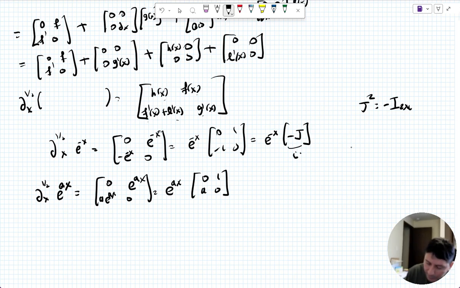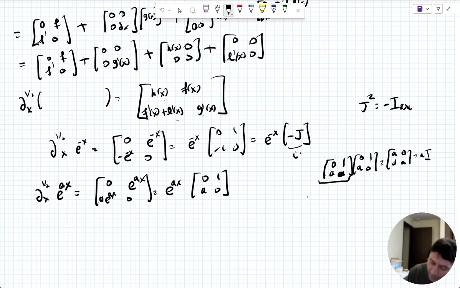What is this function? What happens when I multiply this matrix by itself? I get a on the top, and I get 0, 0, a times the identity, right?